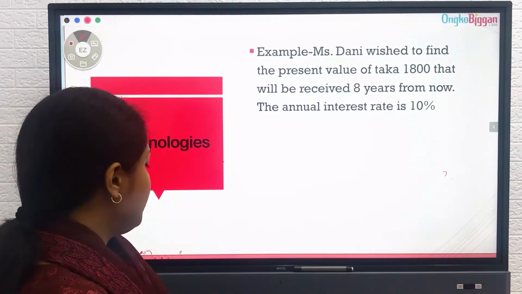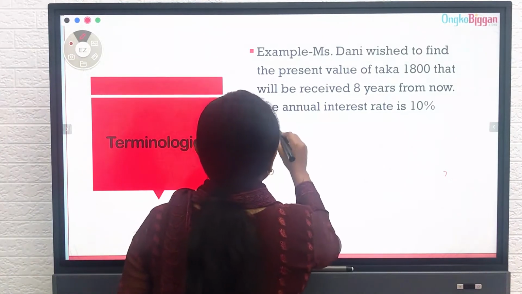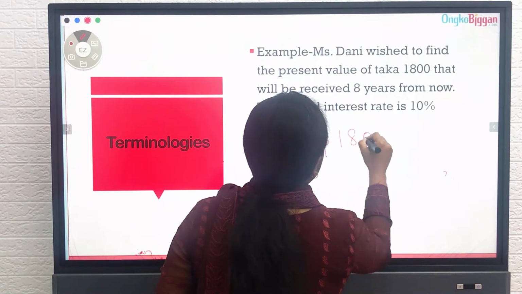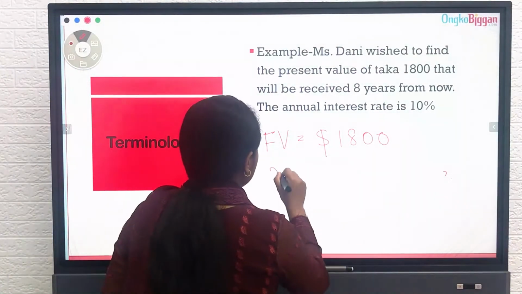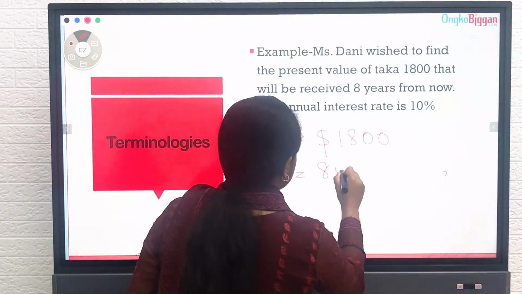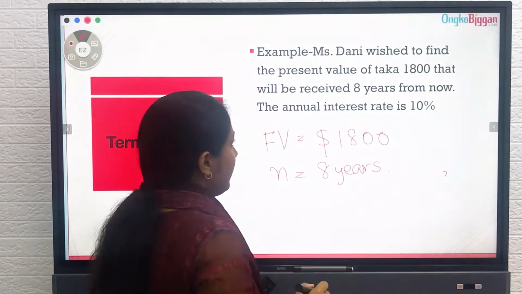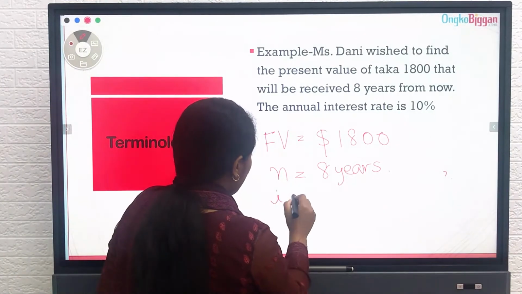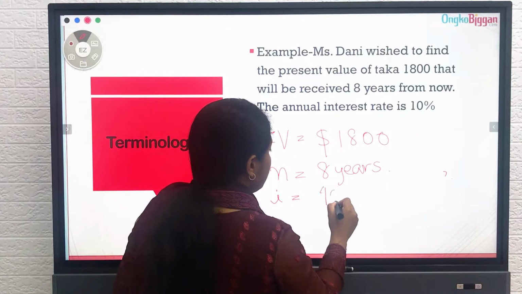Okay, so from there, your future value is $1,800, right? The number of years, which stands for N, is 8 years. And your annual interest rate is 10%, which will be represented with I.